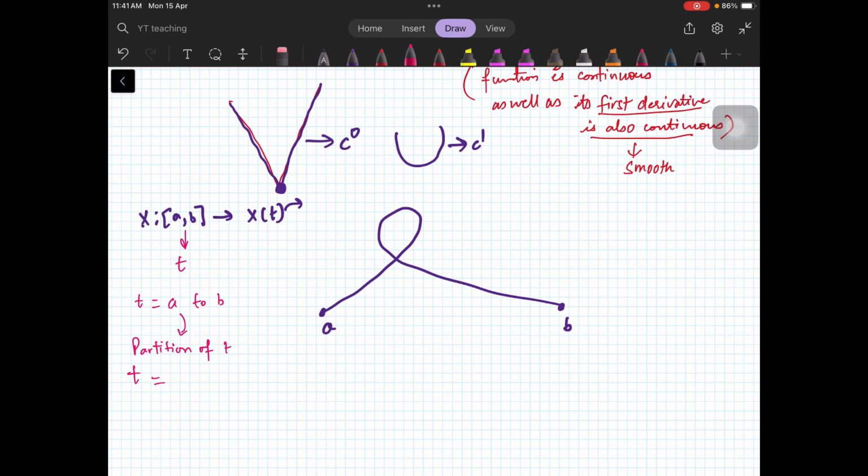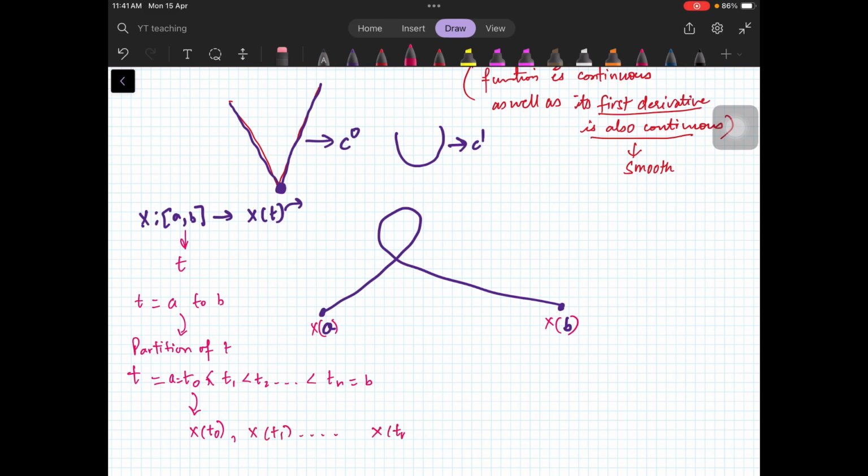So I'll call t0 as A, and then I have t1 less than t2 less than ... tn equal to B, right? So I have these partitions, and corresponding to them I have the point x of t0. This is my x of A because the curve is x, right? Then I have x of t1, and so on.